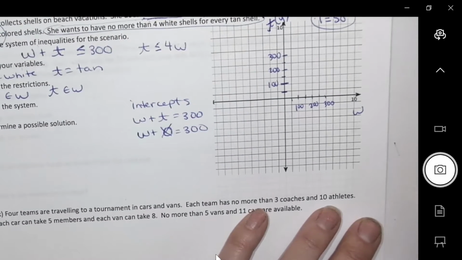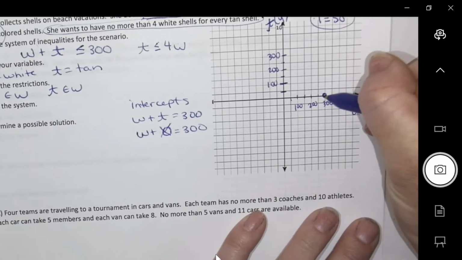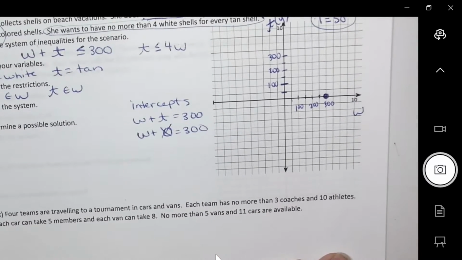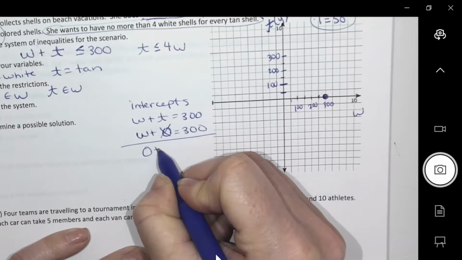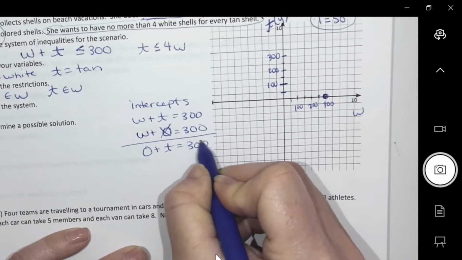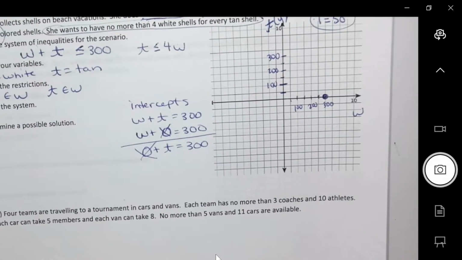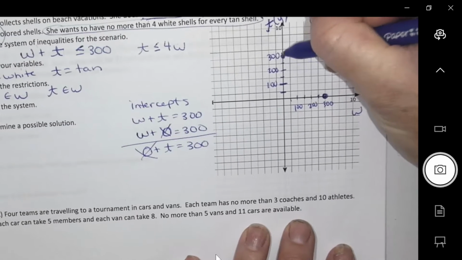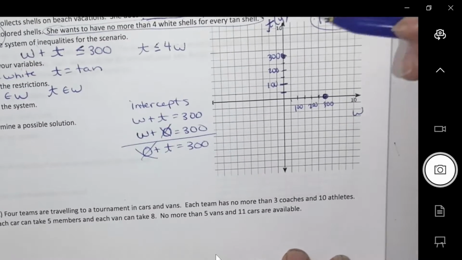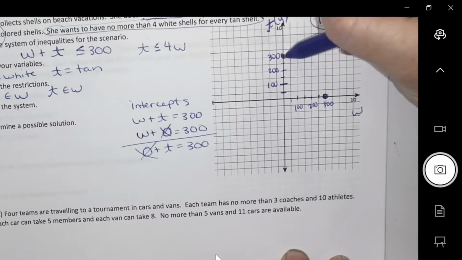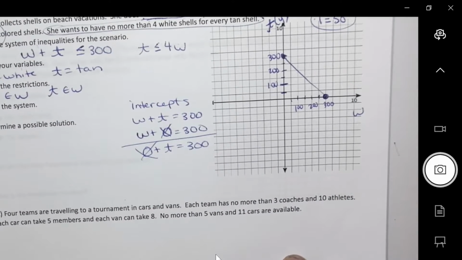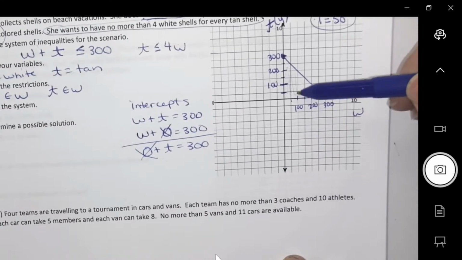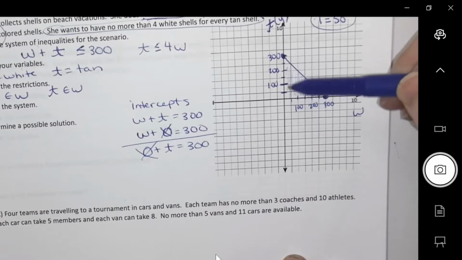Then the W-intercept would be 300. What if I made W 0? Then the T-intercept would be 300. And it's a solid line. And we're going to want to be below that line.